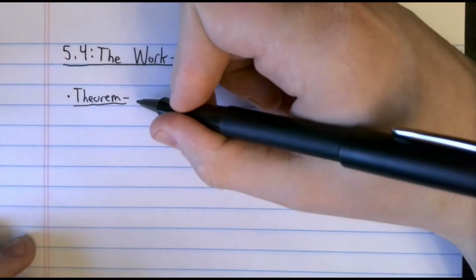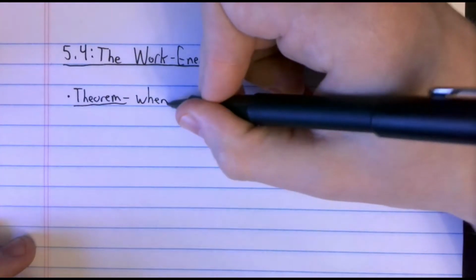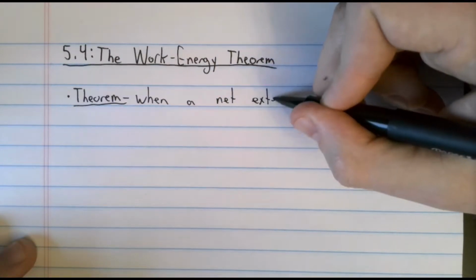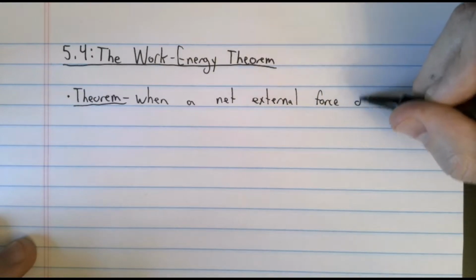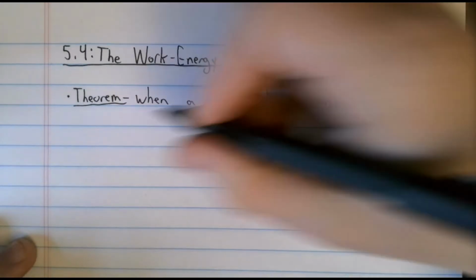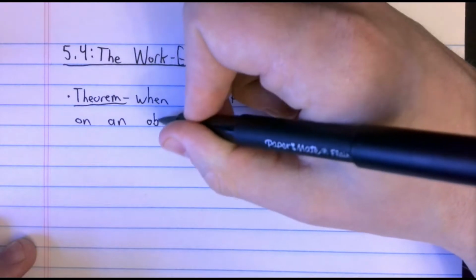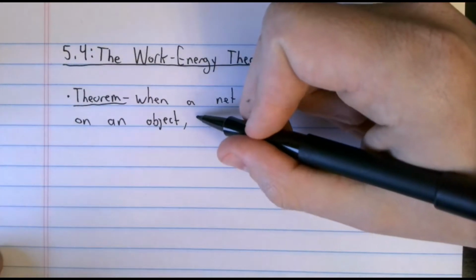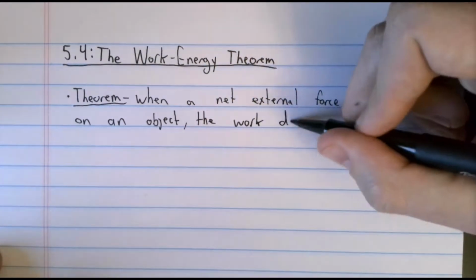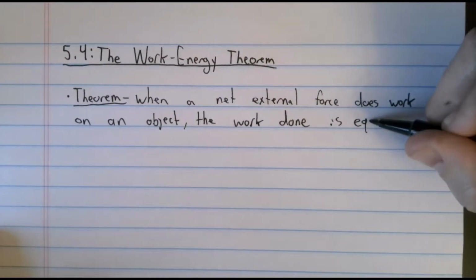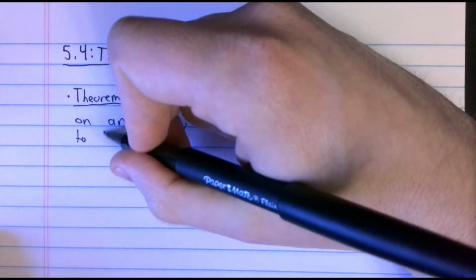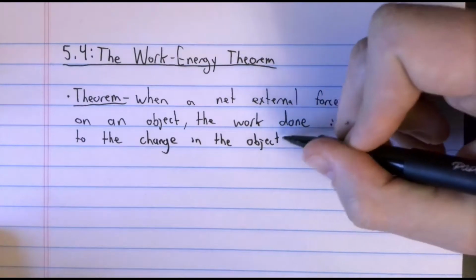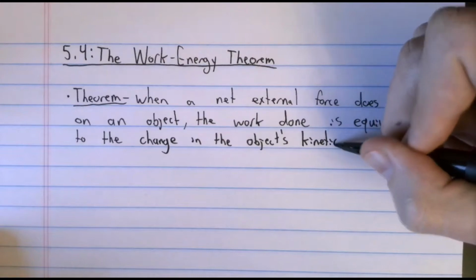The theorem is quite subtle, and it states that when a net external force does work on an object, the work done is equivalent to the change in the object's kinetic energy.